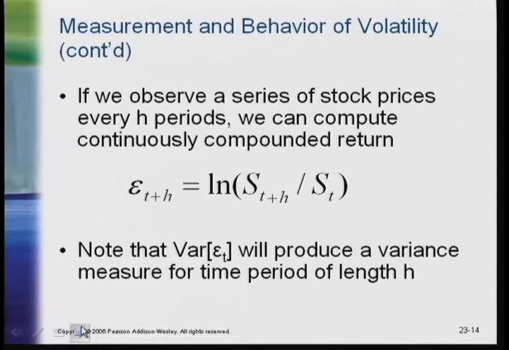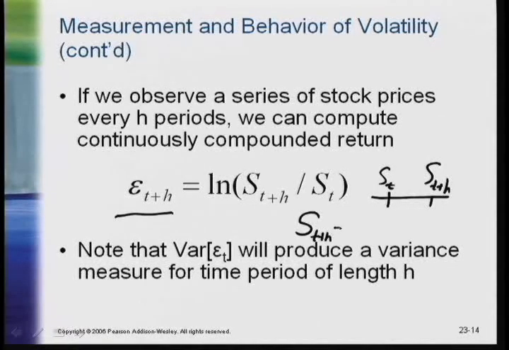And so it's only appropriate to estimate that statistic in historical data, and that is where we define the random variable epsilon at time t plus h as nothing more than the log ratio of the stock price at time t plus h and the stock price at time t. And of course, this is consistent with the model that S at t plus h is equal to S at t times e to this term.